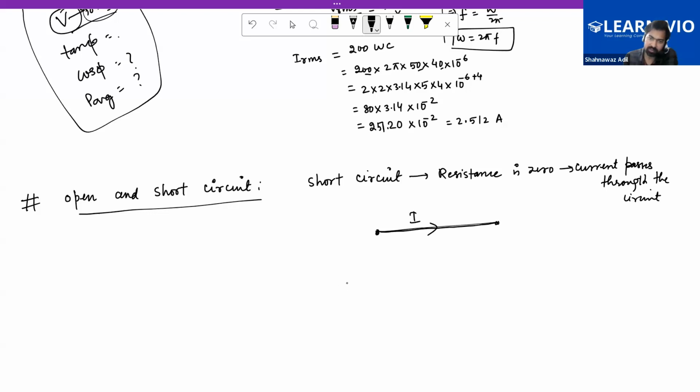And then we have open circuit. So in open circuit, resistance is infinity, very high, no current is flowing.